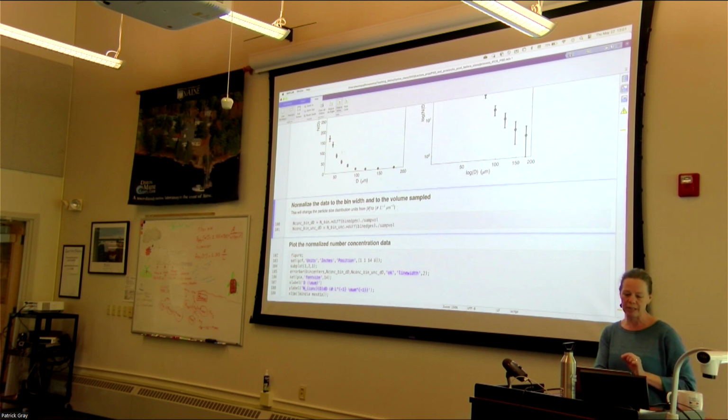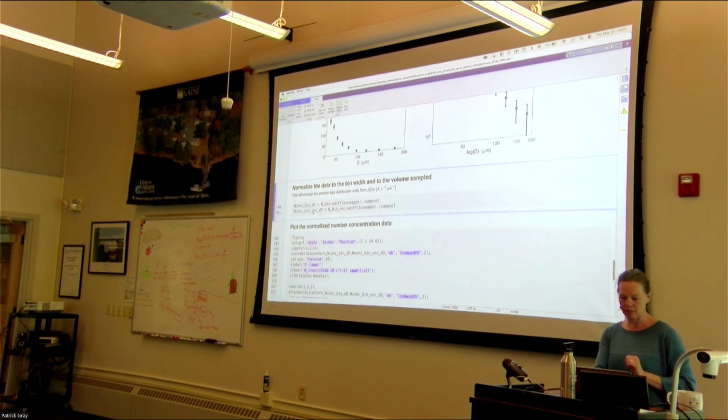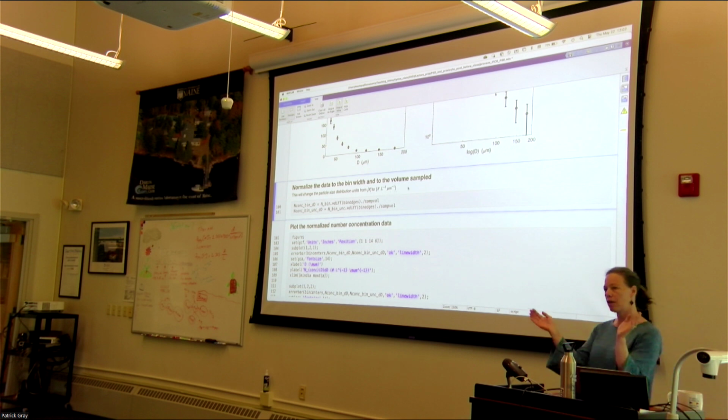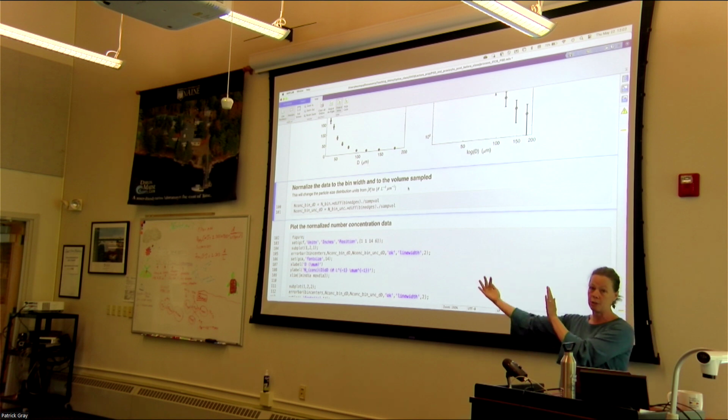And here we want to normalize to the volume sampled as well. So we're going to change our particle size distribution units from the number of particles to the number per liter sampled by the instrument. And then for each bin, we're going to normalize it to the width of the bin, so we take account of the fact that the smallest bins are much narrower than the widest bins.